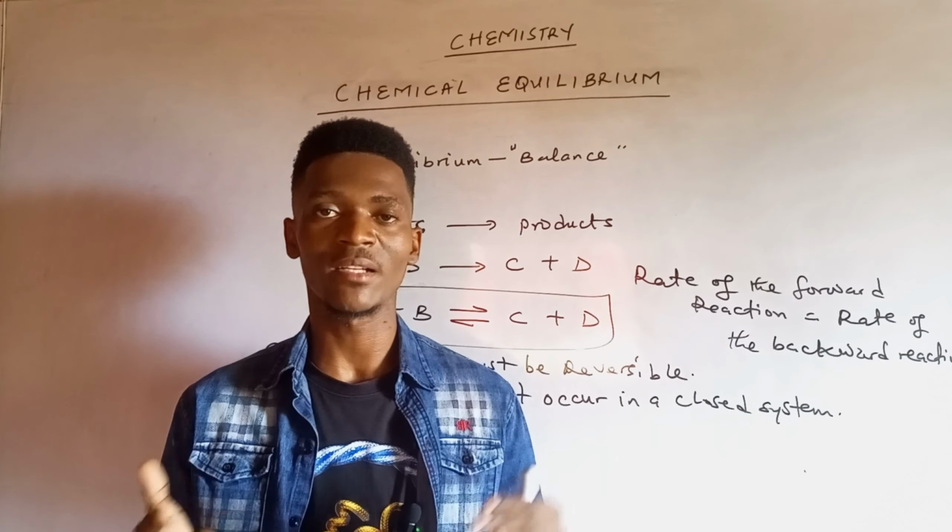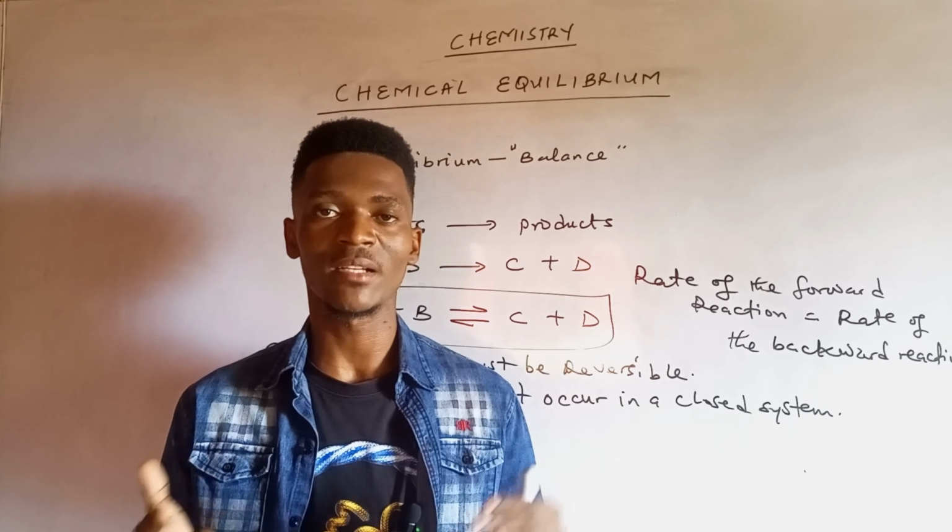That was actually noticed by a French chemist named Henry Louis Le Chatelier. Now, this French chemist noticed that a reaction already at equilibrium has the tendency of losing its equilibrium when the reaction is subjected to some external constraints, such as changes in temperature, pressure, or concentration.